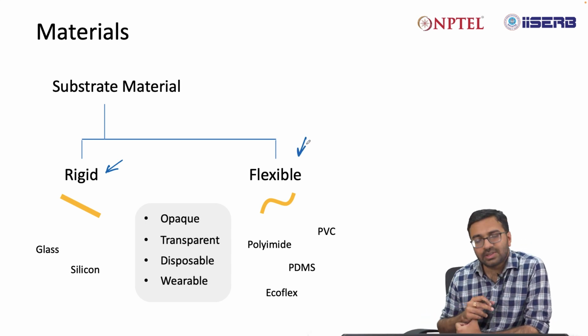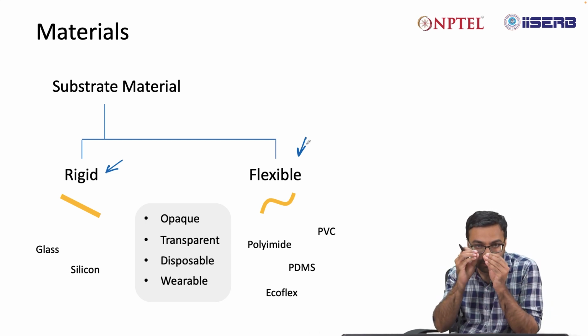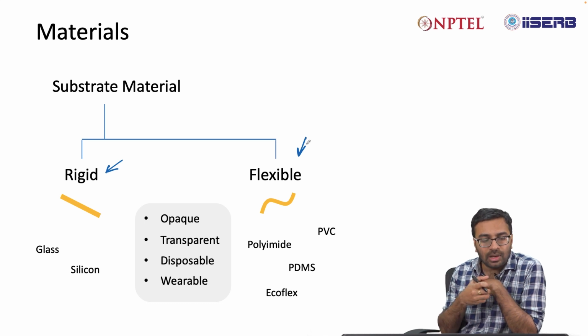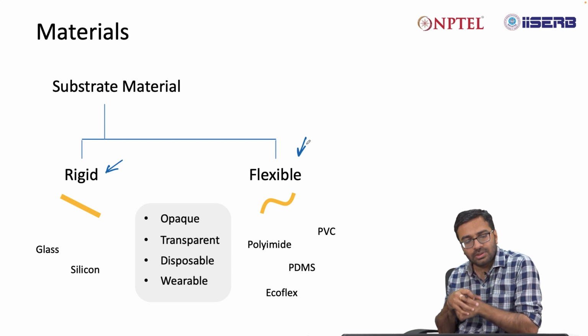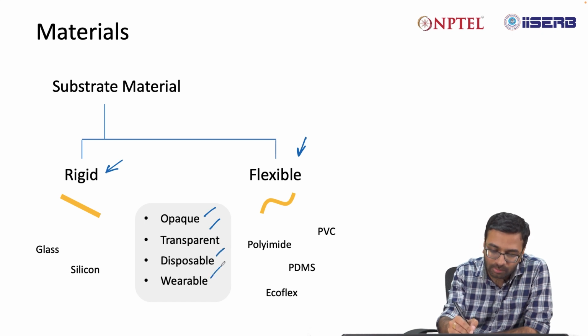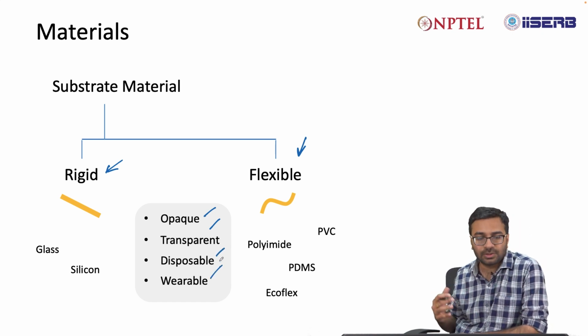This flexible substrate is used mostly for wearable devices, where your substrate is bendable, stretchable, and so on, right? Apart from that, you may need substrates which are opaque, transparent, maybe disposable or wearable. So these are different other aspects of substrates.